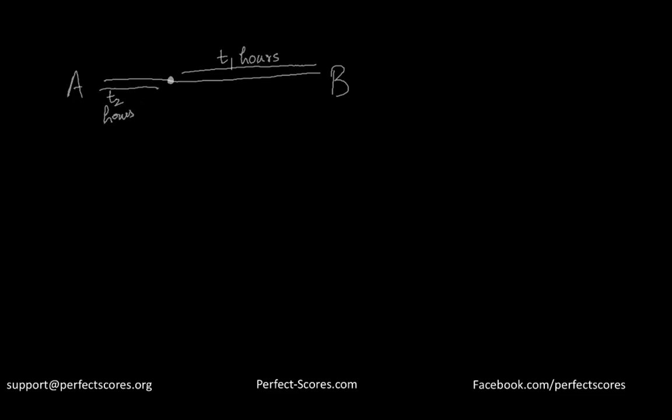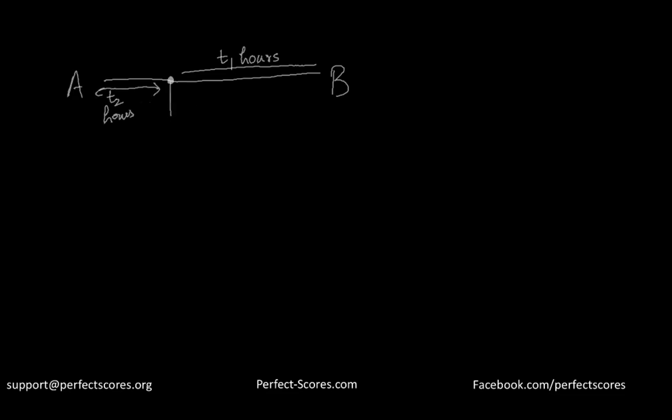So let's suppose I use the same setup, right? Let's suppose there's body A and then there's body B, and there's some distance between them. They meet at a point. Let's say this is the point that they meet, right? And when they meet at a particular point, it takes t1 hours for body A to complete this distance, and it takes t2 hours for body B to complete this distance.